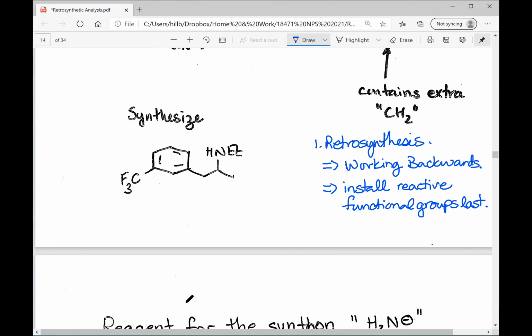And by doing so, you basically avoid side reactions throughout the synthesis. Because if you install a reactive functional group at the start, then every reaction after that, you always have to worry about it reacting versus what you want to have reacting.